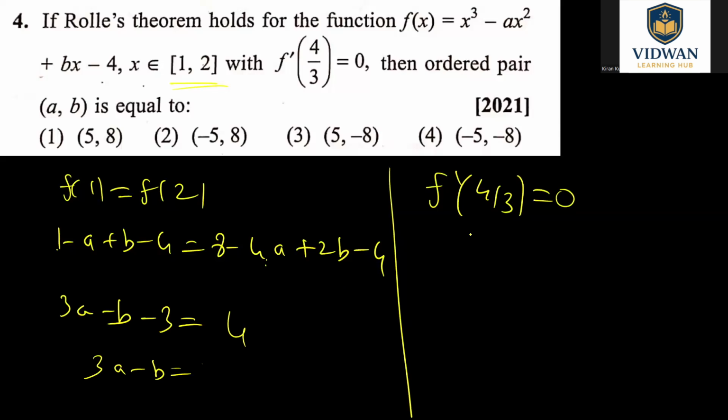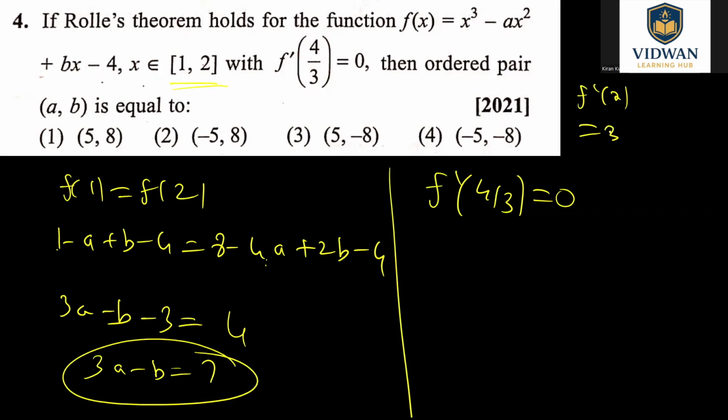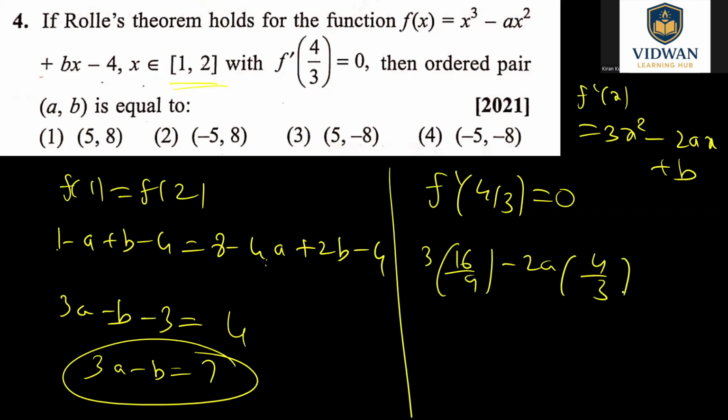Now, what is f dash of 4 by 3? First let us find the derivative f dash x. The derivative of x cube is 3x square, minus ax square, derivative is 2ax, bx it is b, for 4 it is 0. F dash of 4 by 3 means put x as 4 by 3, you'll get 3 into 16 by 9 minus 2a into 4 by 3 plus b equal to 0.